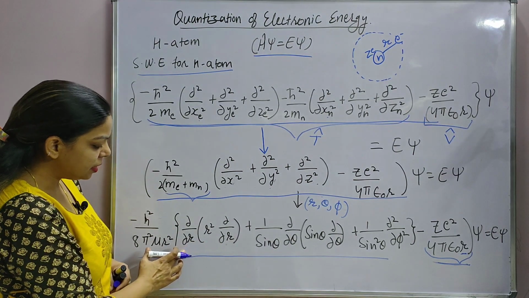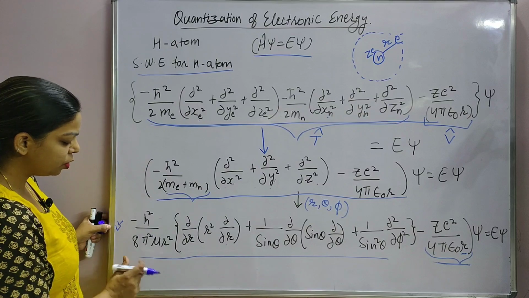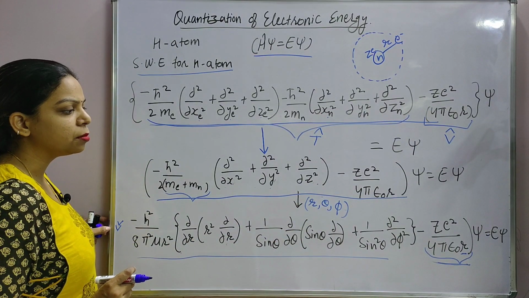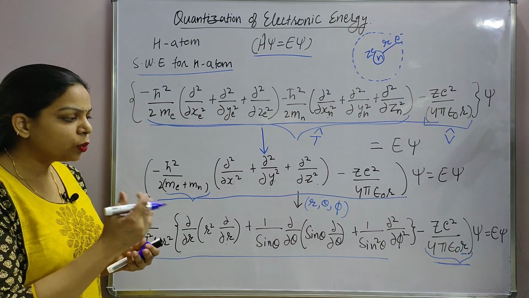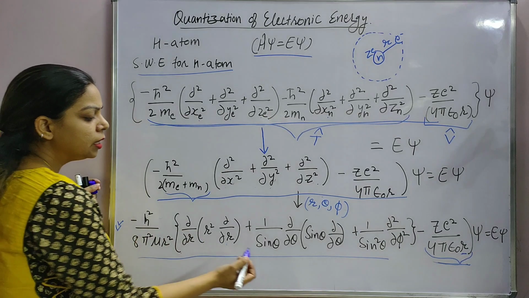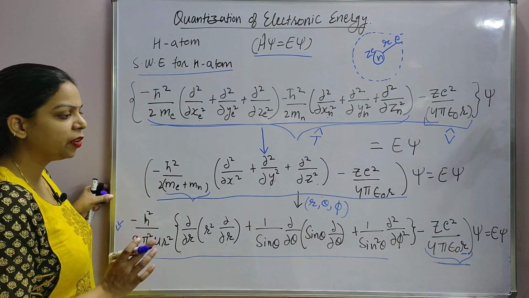After this step, till this point, you must know this full form of the Schrodinger wave equation in terms of polar coordinates. Now the next very important point, which comes in exams also, is to separate the variables.